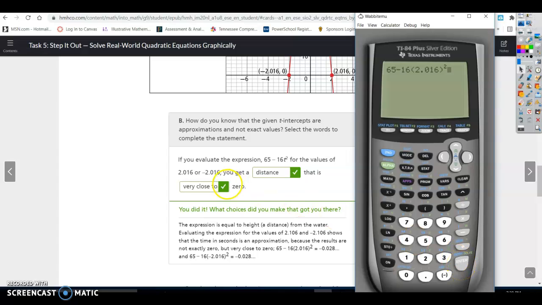All right, so this is going to be exactly 0 if that's an exact solution. If it's close to 0, that's why it's an approximate. So you've got negative 0.028096. So it's kind of close to 0, but it's not exactly 0. So we know that this is just an approximate answer.